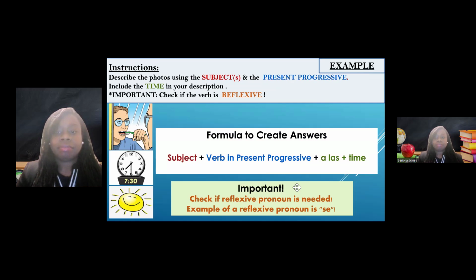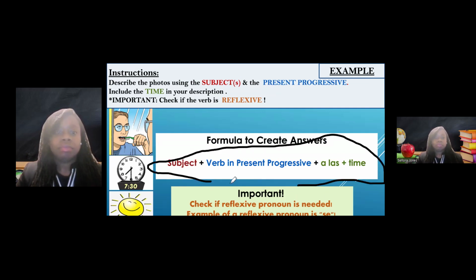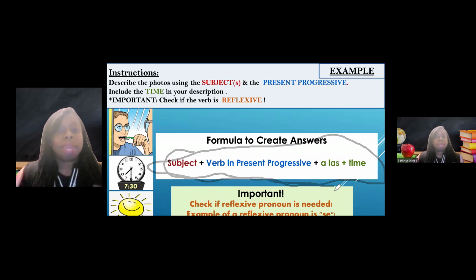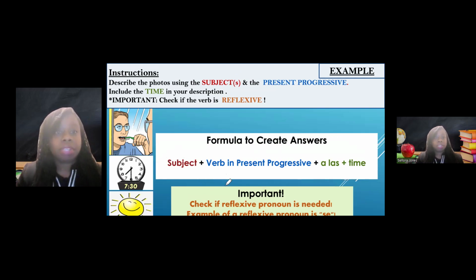All right. So when you look at these pictures that you're about to see, here is a formula that may help you create your description. The formula aligns with the directions given.